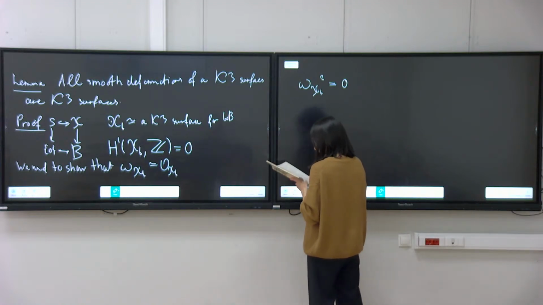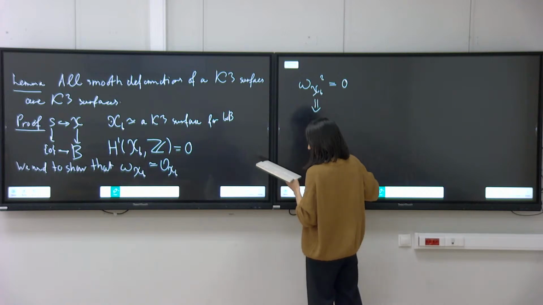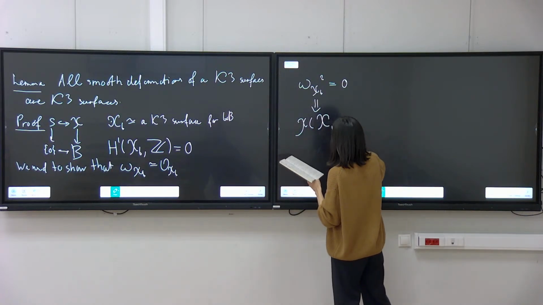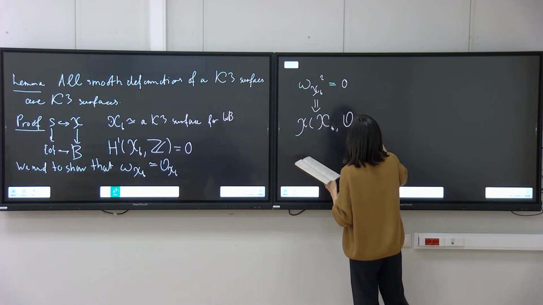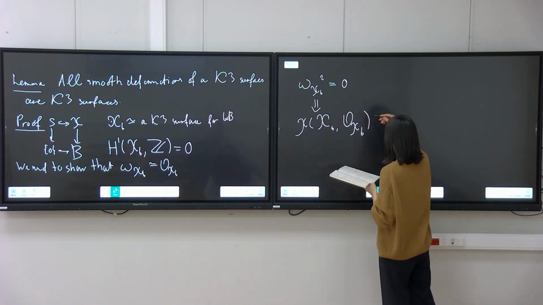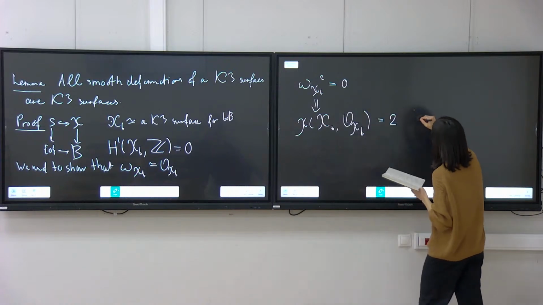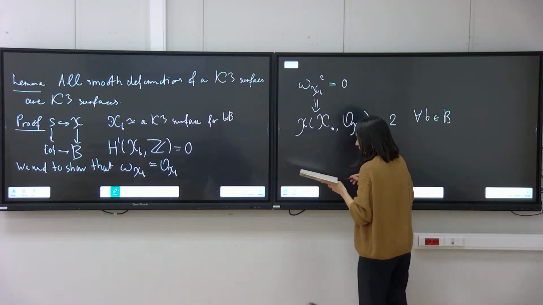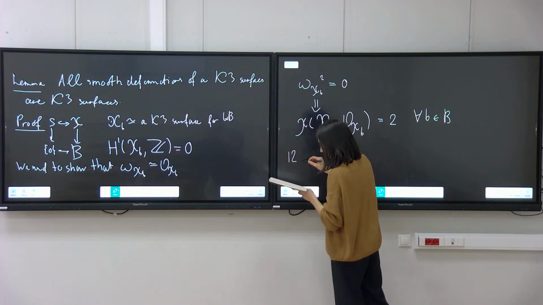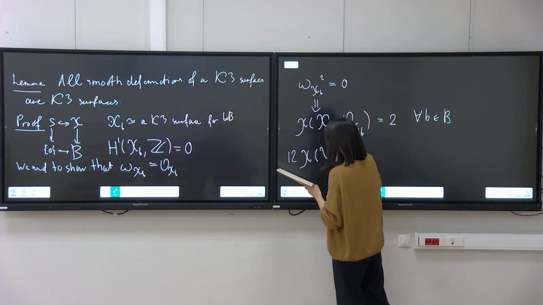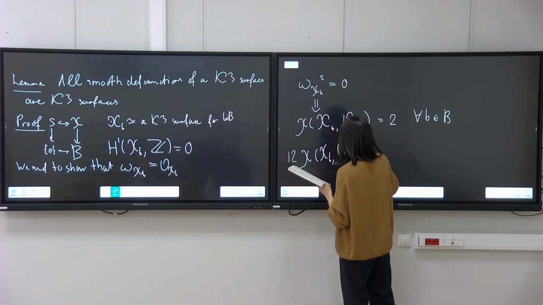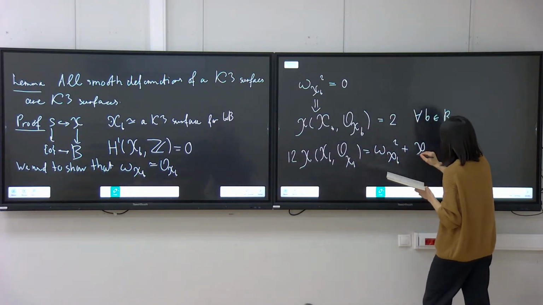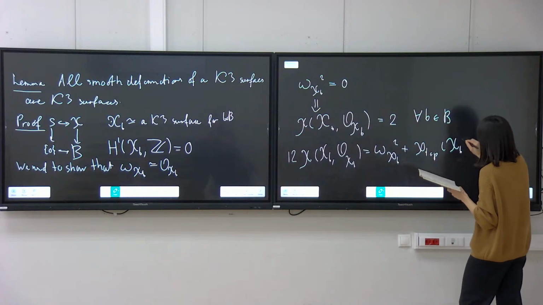So what do we obtain from this? We obtain that the Euler characteristic of the trivial bundle is equal to 2 for all points in B, just because we always have the Noether formula, that tells you about the topological characteristic.